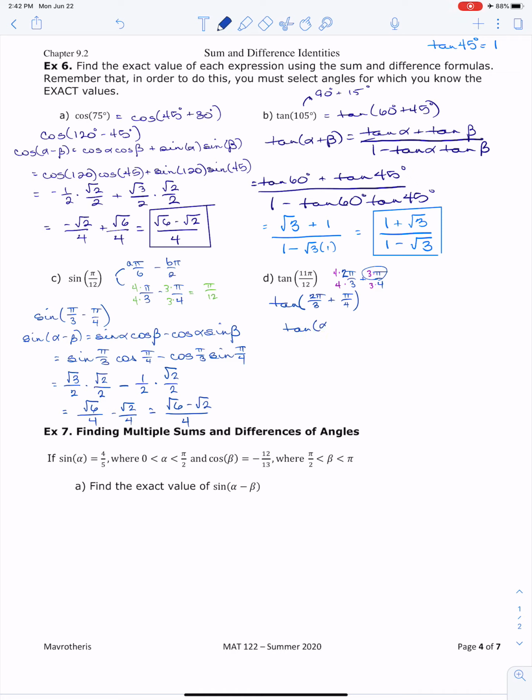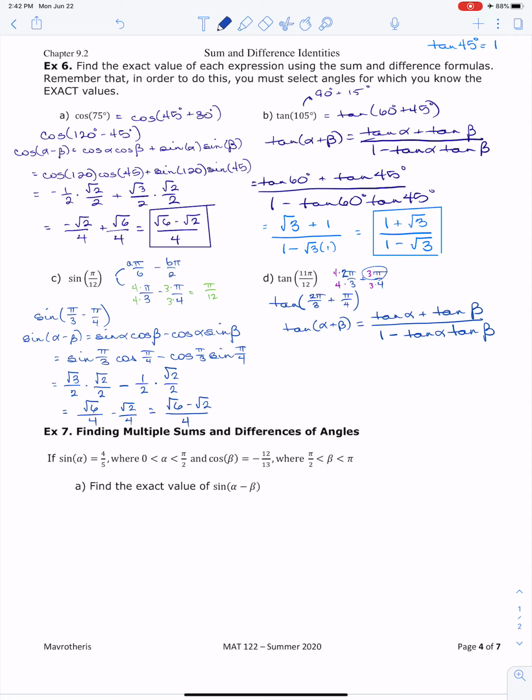So I'm looking for the tangent of alpha plus beta. Tangent alpha, sign in the numerator, matches the operation inside our parentheses, over 1 minus. The operation there is opposite what it is inside the parentheses.